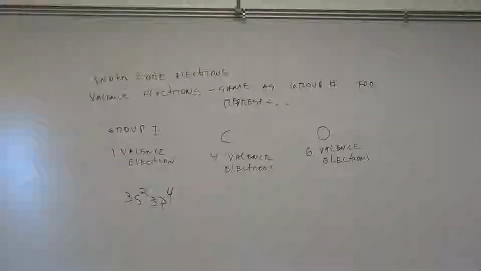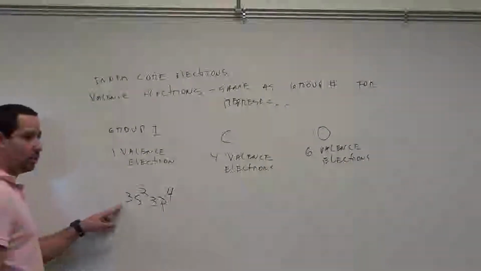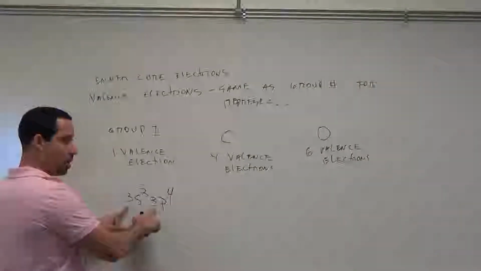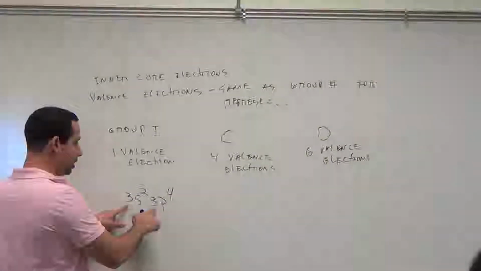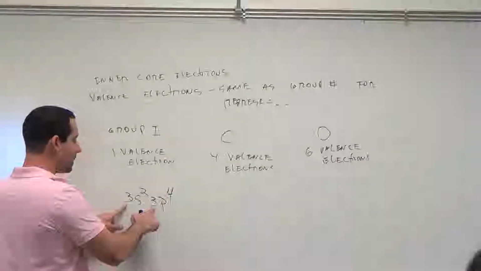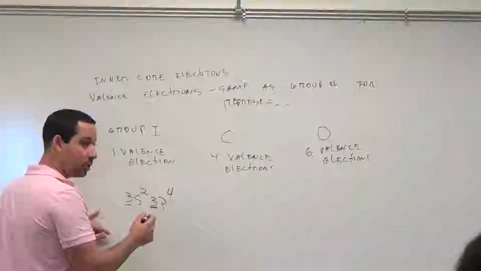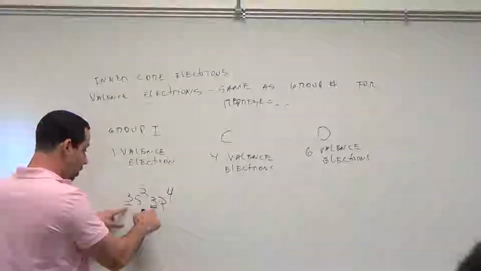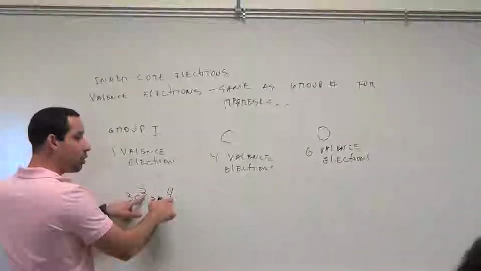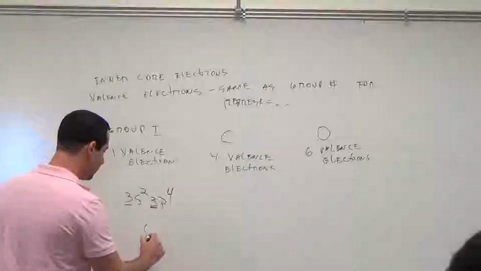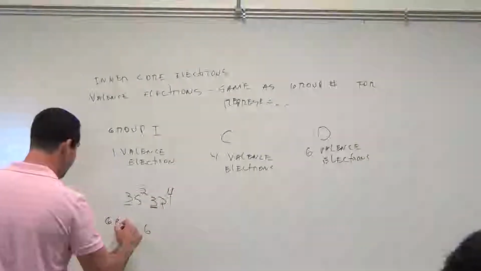Sulfur. This is in period 3, yes or no? Yes. And because it is in period 3, it has how many valence electrons? This is the outermost shell, yes? And in shell number 3, it has how many electrons when you add both of these? 6. So this is a member of group 6.